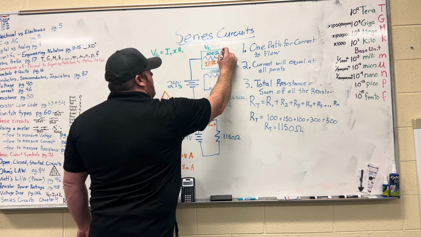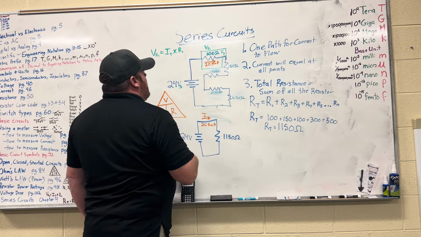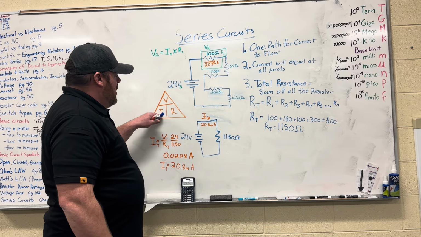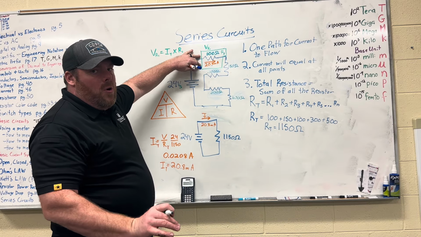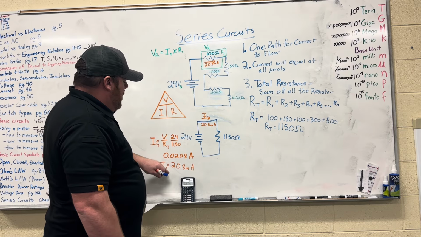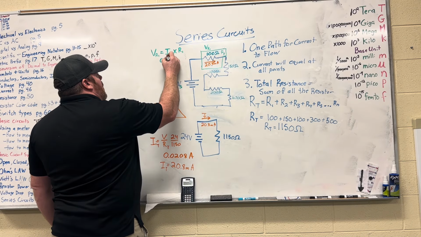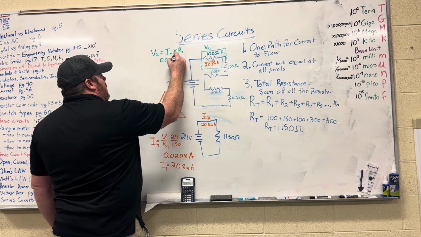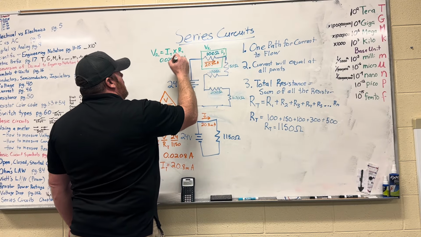In this case, we're looking at R1. Still the same calculation, voltage equals current times resistance, but we're only looking at the voltage drop across that resistor. So if we plug the values in here, IT, we solved for 20.8 milliamps. I'm going to write it back in its decimal form, times the resistance value of 100 ohms.